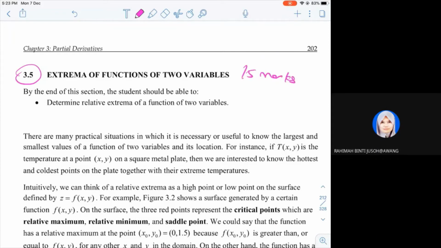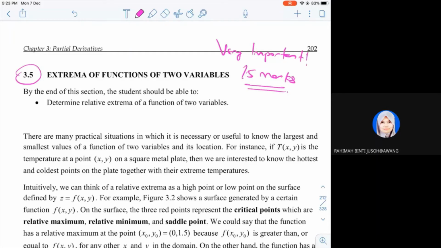Only one question with 15 marks. So 15 marks is quite high. So you have to understand how to find the extremum of functions of two variables. Please give your full attention here. Start of topic 3.5 is very important in the final exam, because it is only one question, and the marks are 15.